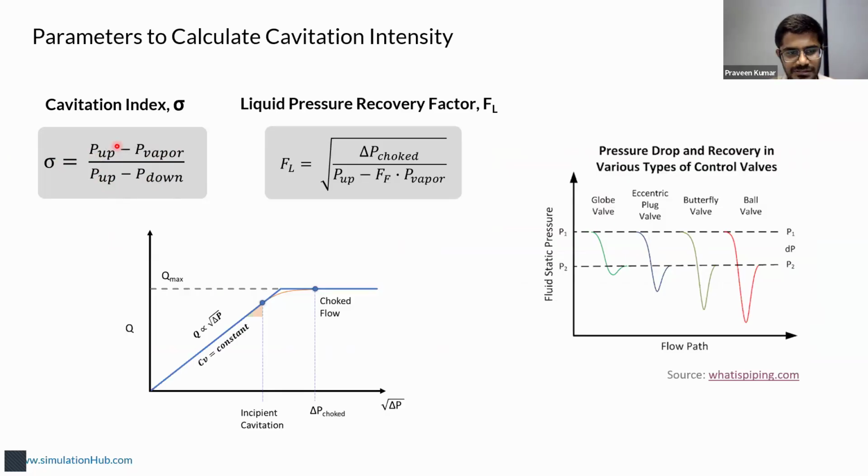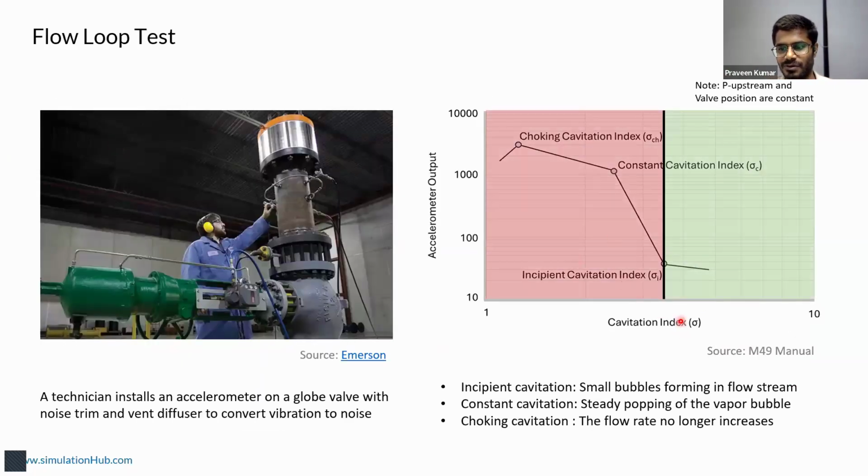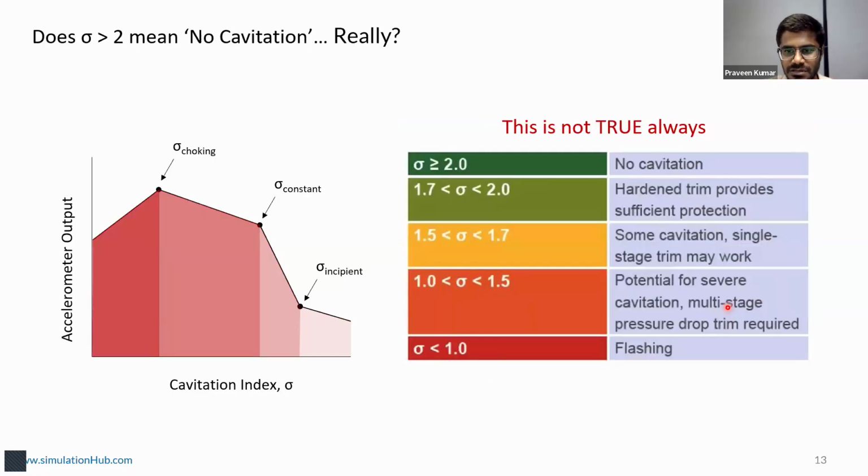It is useful to compare this sigma against your incipient cavitation index. So sigma less than 2 or greater than 2 doesn't signify anything. These are typical numbers. This need not be true always for all your designs or all openings.